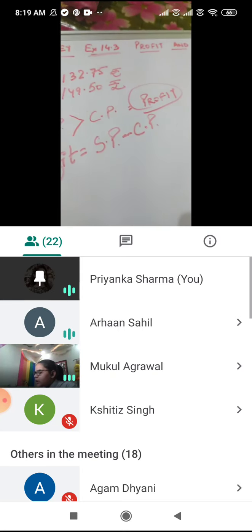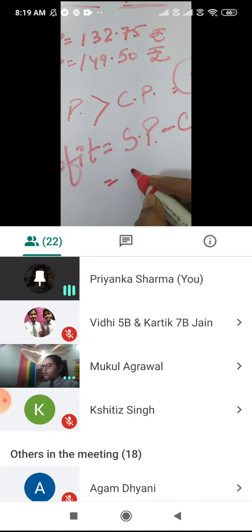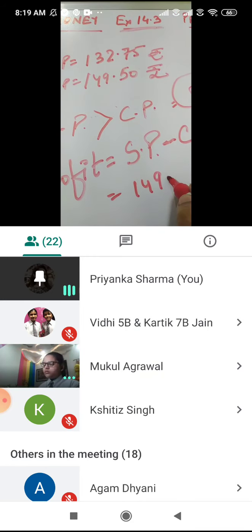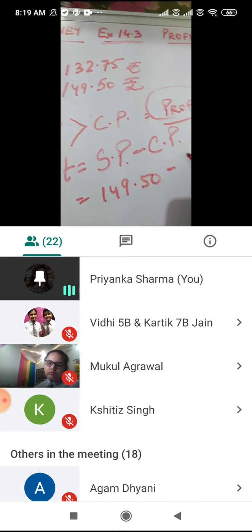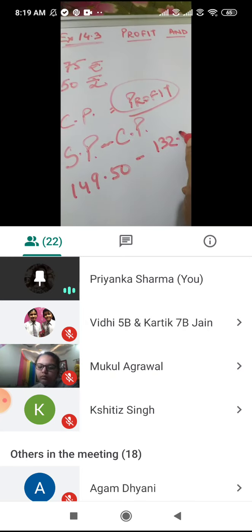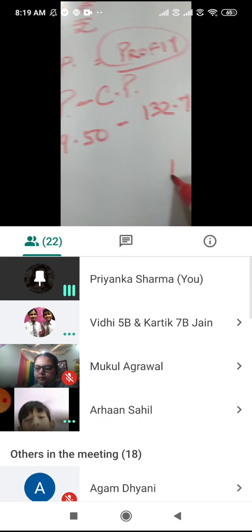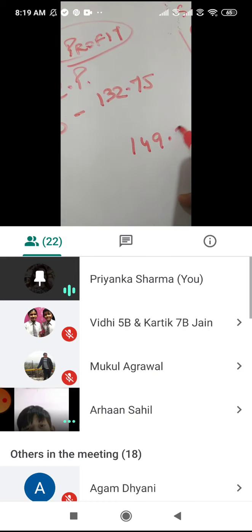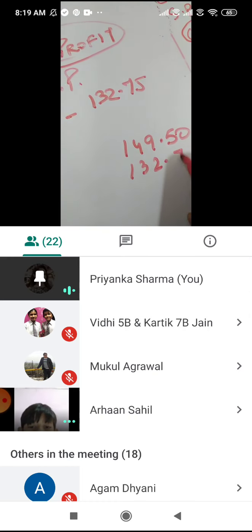Profit is equal to selling price minus cost price. How much is the selling price given here? 149.50. And how much is the cost price given here? 132.75. Subtract 149.50 minus 132.75.